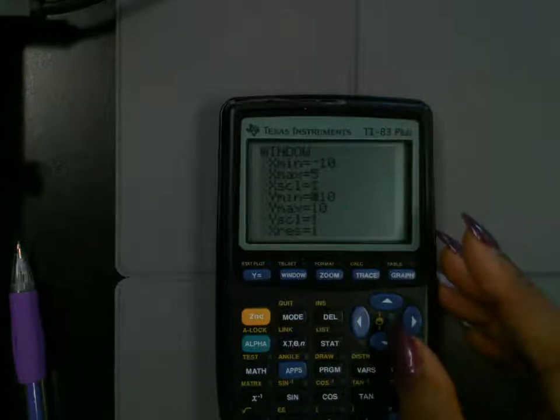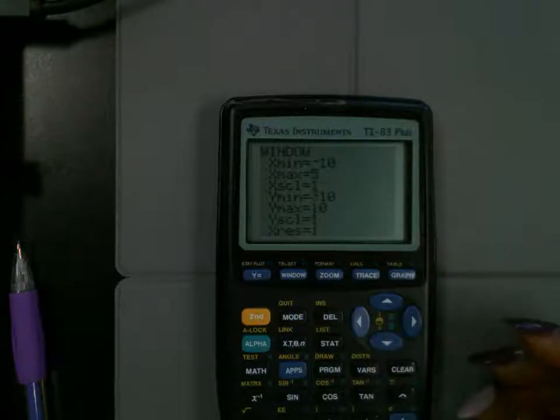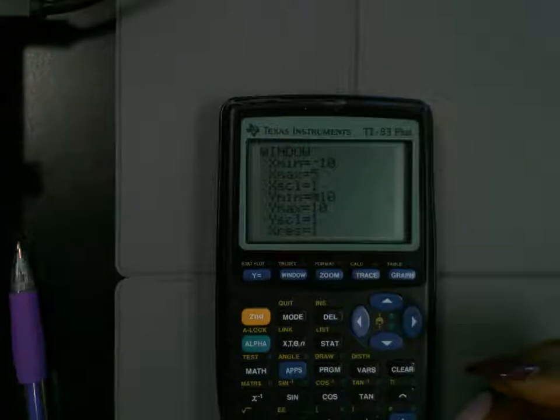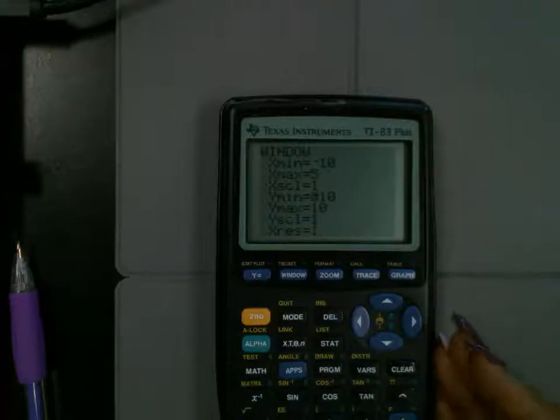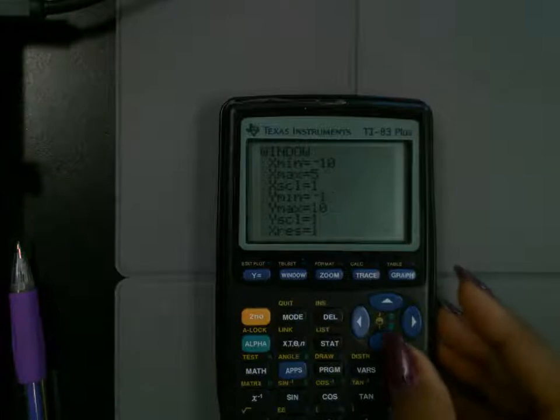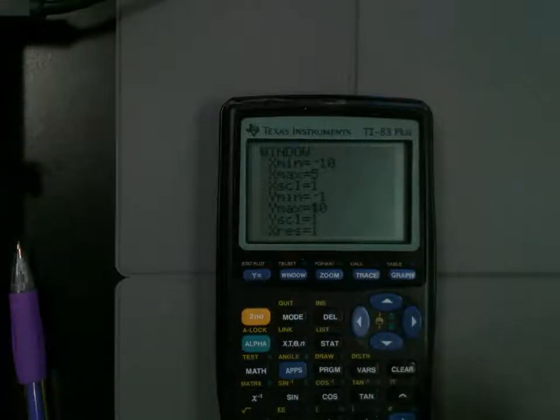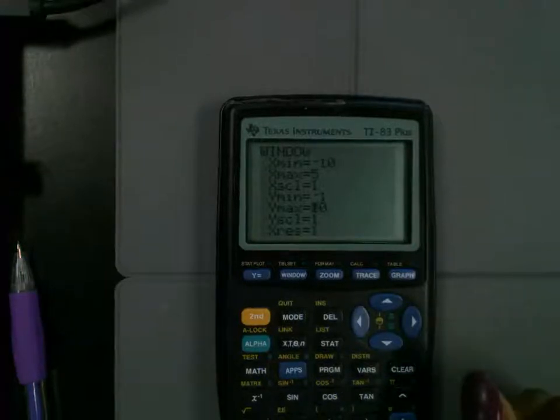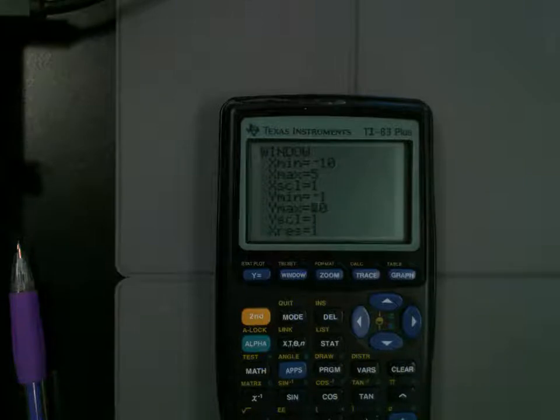All right, so now we're looking at the y's. What's our smallest y value? 0. Yeah, it is. What's our largest y? 6. So we can go from -1, and we can leave it at 10. From -1 to 10 is good. That'll fit all the numbers in and give you a little space on both ends.